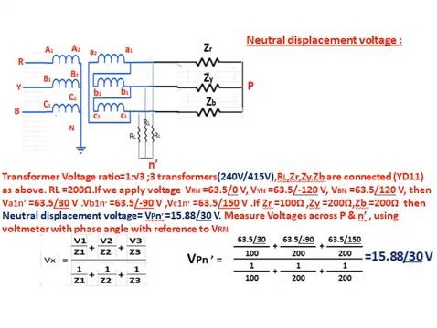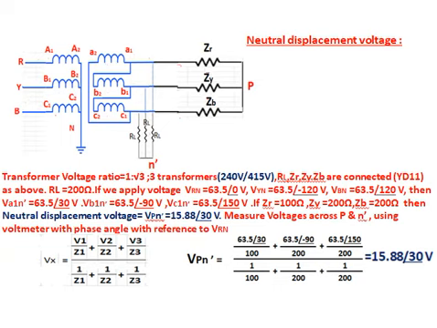If ZR equal to 100 ohms, ZY equal to 200 ohms, ZB equal to 200 ohms, then neutral displacement voltage VPN' equal to 15.88 angle 30 volt.